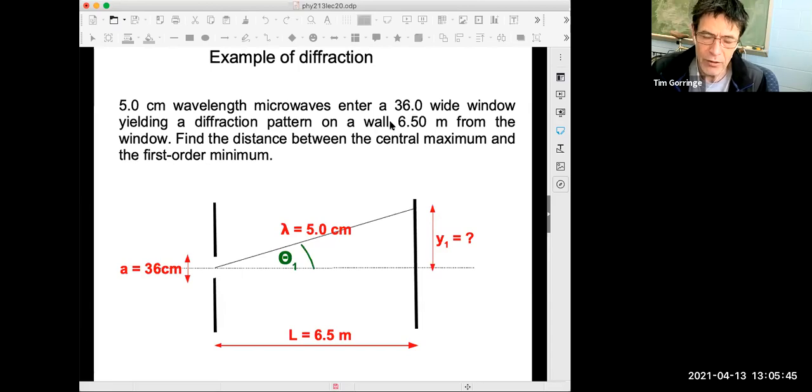Firstly, we're told we're thinking about a single slit diffraction pattern because we got electromagnetic waves incident on a slit, the window, and the diffraction pattern appearing on a screen. So this is a single slit diffraction pattern, and we're told the wavelength of the microwaves, lambda. We're told the size of the slit, that's this window width, 36 centimeters. I've missed out the centimeters here.